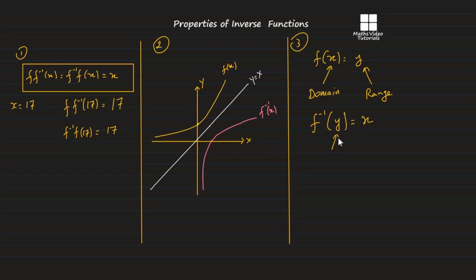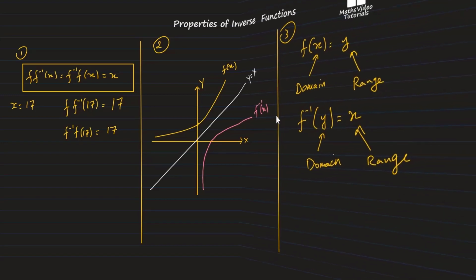So this is now the domain of the inverse function, and this is the range. Property number 3 is that the domain of the inverse function is the range of the original function. The range of the inverse function is equal to the domain of the original function. So that's property number 3.